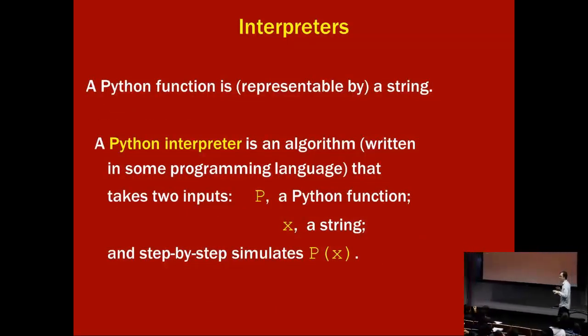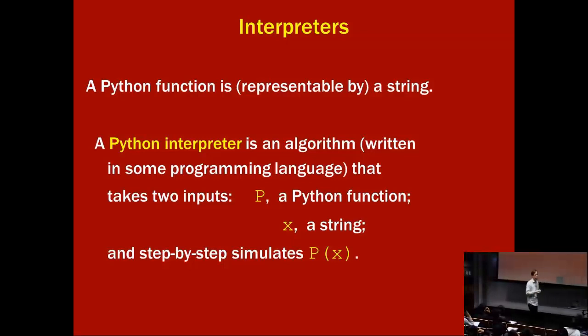Let's talk a little bit more about interpreters because that's an important concept. So let's say we're doing a Python interpreter. A Python function or program is just a piece of code, like a .py file. It's just some text. In fact, you can just think of it as a really long string. So what's a Python interpreter?